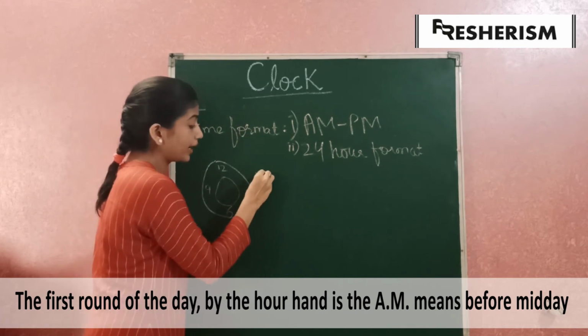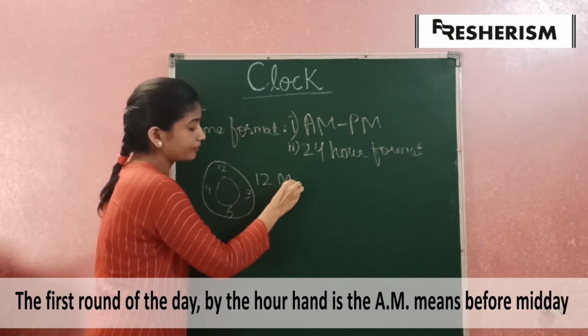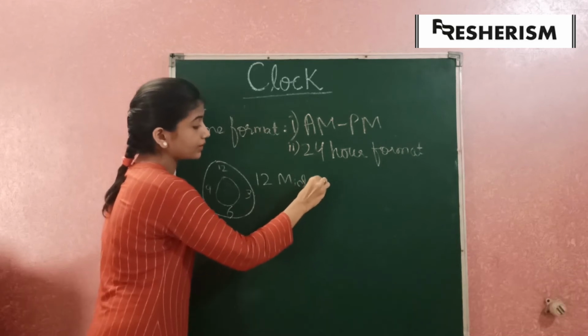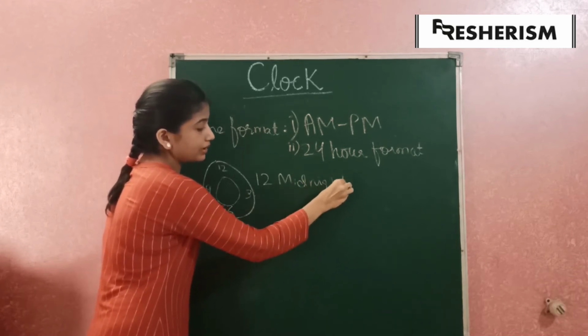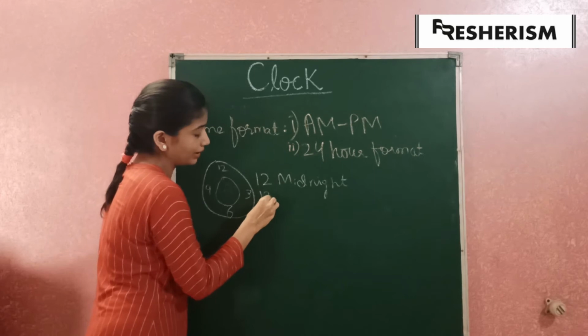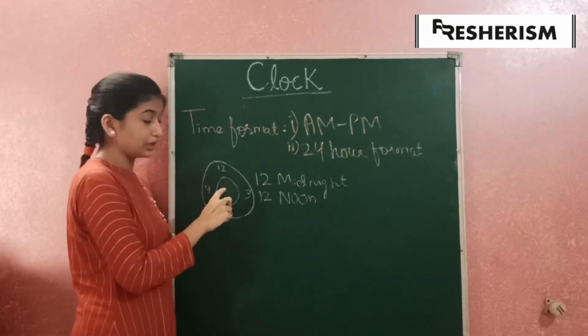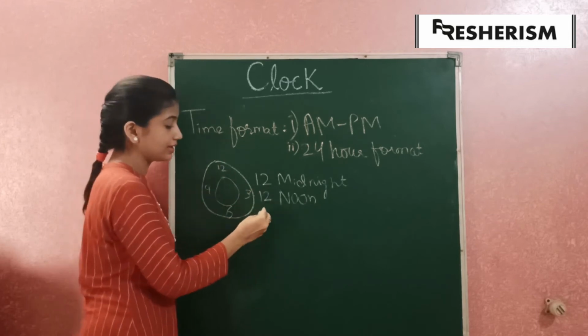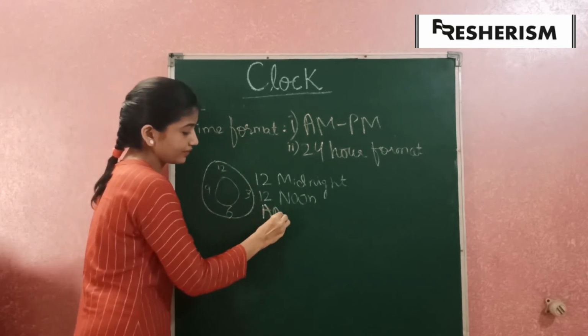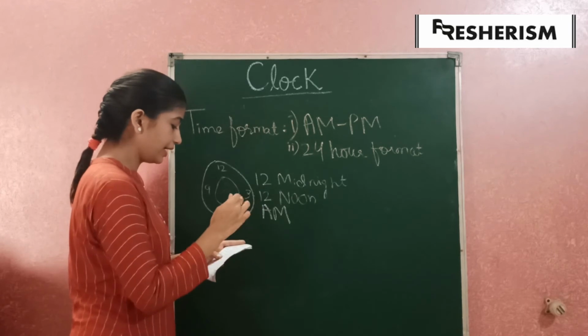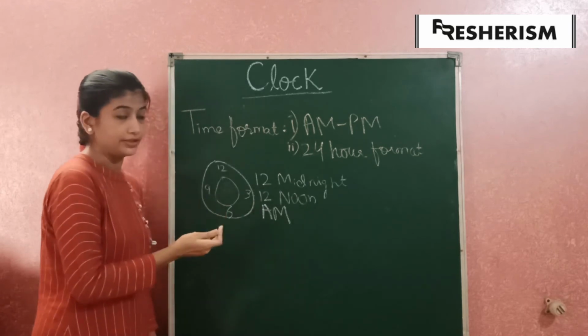Remember, 12 midnight till 12 noon, the hour hand completes one circle of the clock, and it is known as AM. AM is also known as ante-meridian.